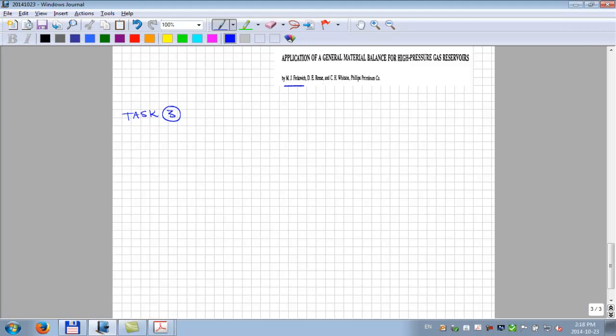And the production decline performance, we call that decline analysis or decline curve analysis. So basically it's production decline performance.